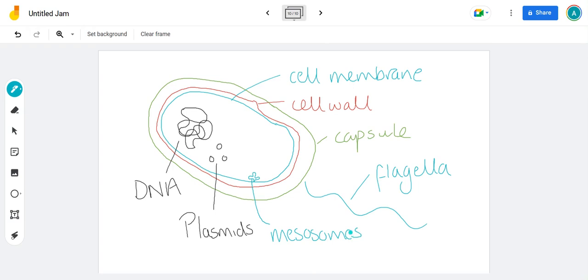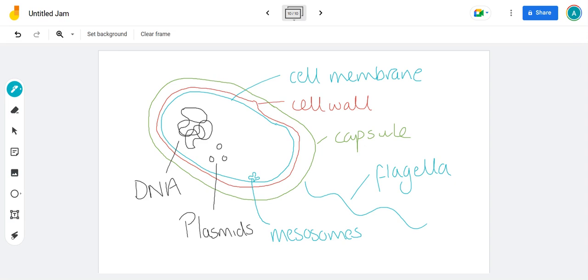The function of those mesosomes is thought to be to provide a surface for the enzymes for things like respiration, because it hasn't got all of those membranes inside the mitochondria for the enzymes to attach to. It's thought that maybe those little infolds of the cell membrane called mesosomes are the anchor for those enzymes to catalyze those reactions.